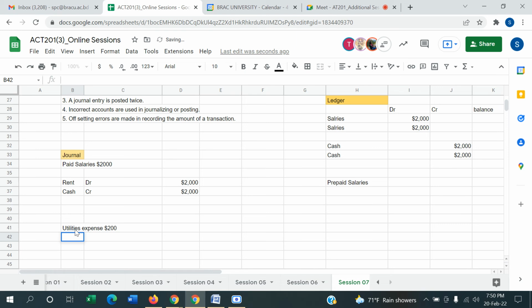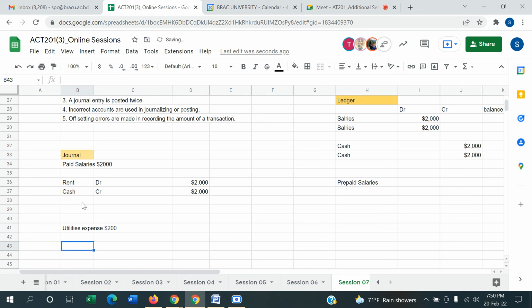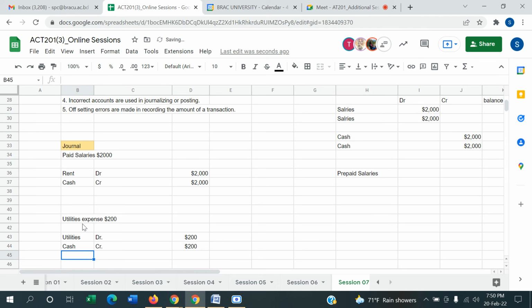What will be the journal? Utilities expense debit 200, cash credit 200. It should be the journal.